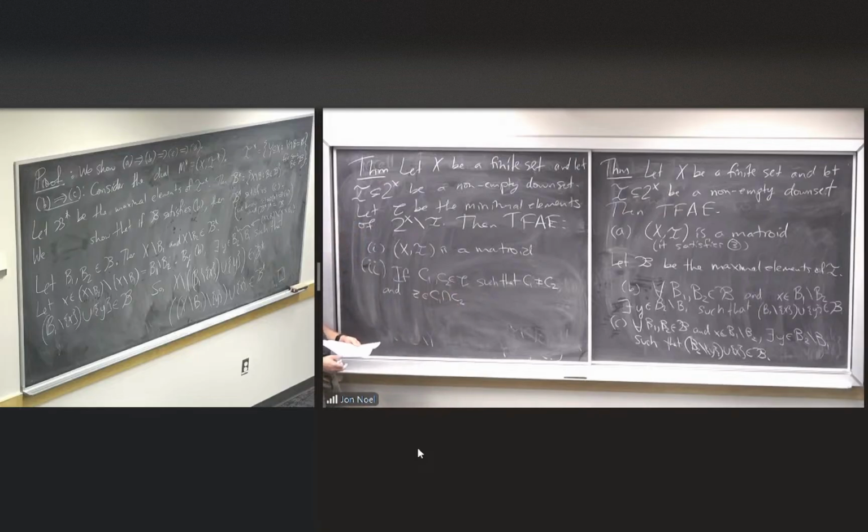Of course, if they're disjoint, then there is no such Z, so we're taking two distinct circuits that intersect.